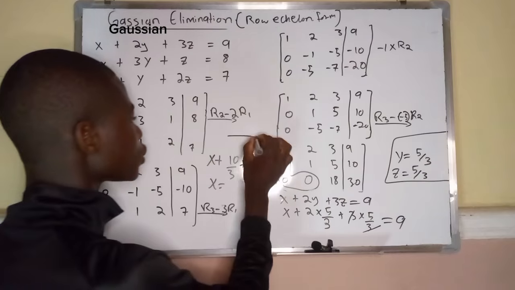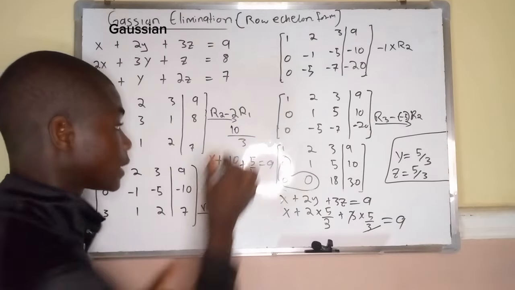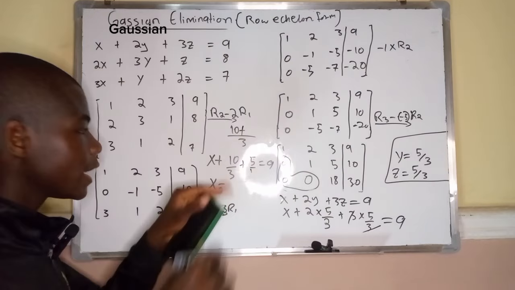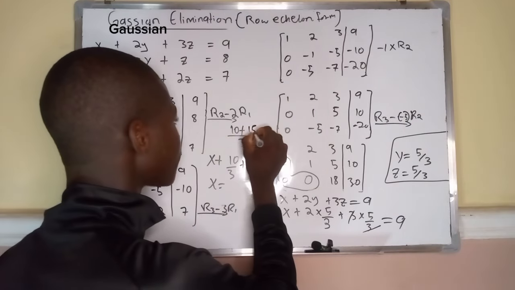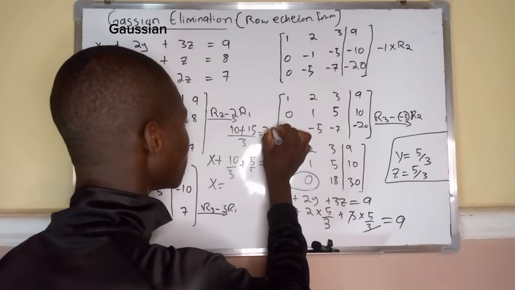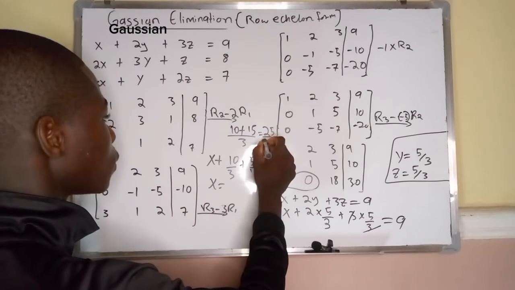So the LCM is 3. 1 times 10 is 10, and plus 3 multiplied by 5, which is 15. It is equal to 25 over 3.